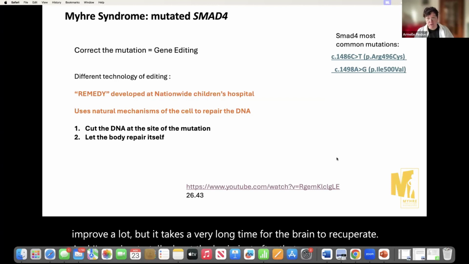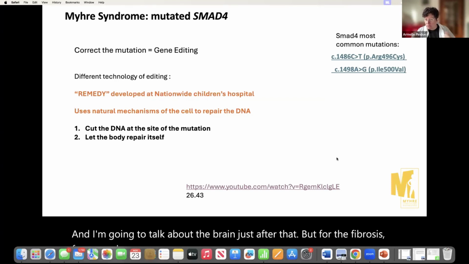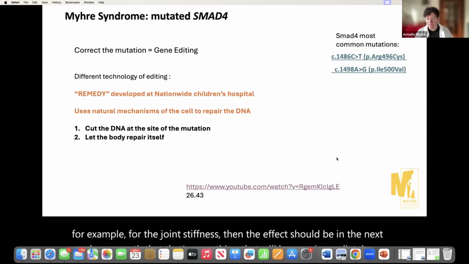But for the fibrosis, for example, for the joint stiffness, the effect should be in the next weeks or months. That's something that will happen quickly. The only question is for the hearing loss, for everything that is linked to neurology, it takes a long time.